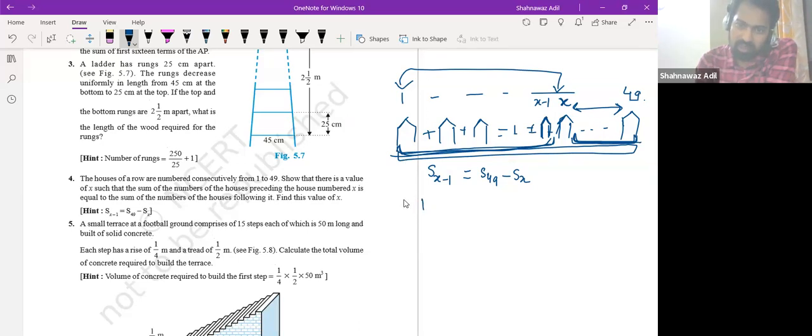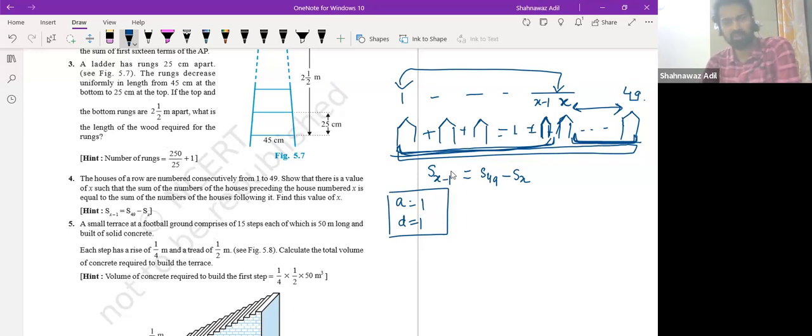The first term a is 1, the common difference d is 1, and we have to find S(x minus 1).